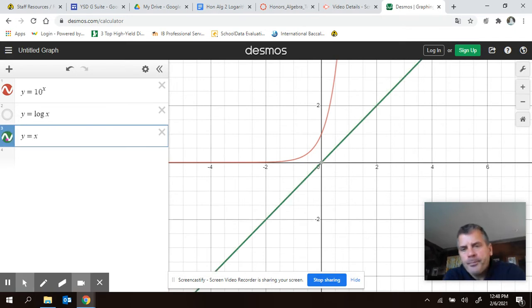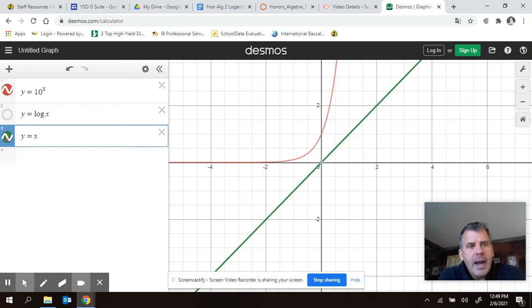That represents the green line. If we take y equals 10 to the x, the red line, the exponential growth, and reflect it over the line y equals x, you're going to get the logarithm. So this proves that indeed these are inverses of one another.